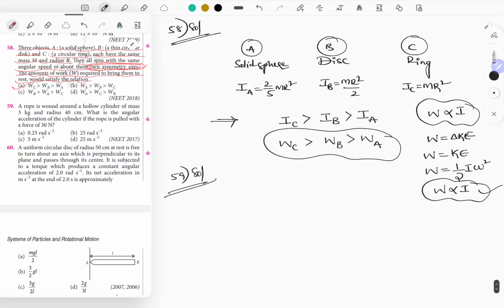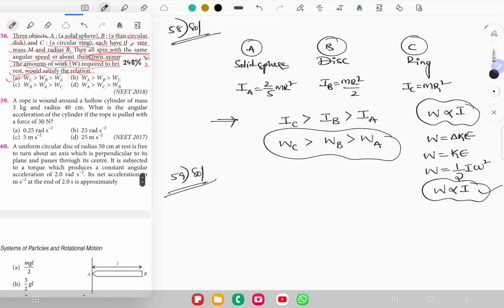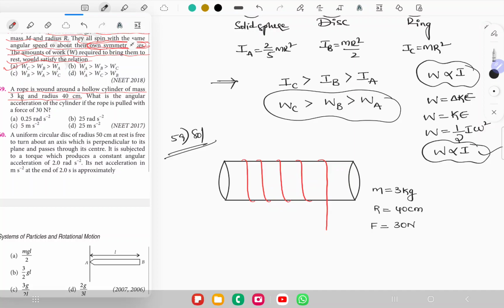Now look at question number 59. A rope is wound around a hollow cylinder of mass 3 kg and radius 40 centimeter. The question they are asking: what is the angular acceleration of the cylinder if the rope is pulled with a force of 30 newtons?